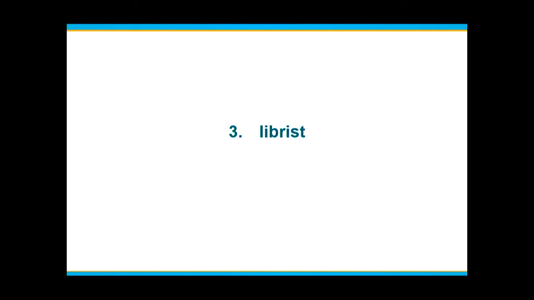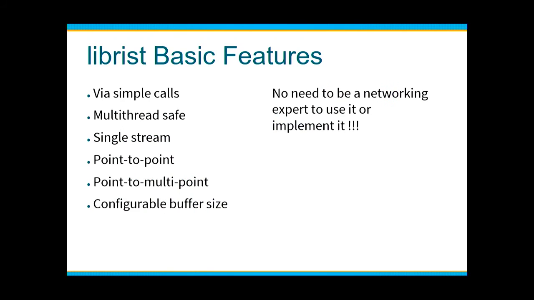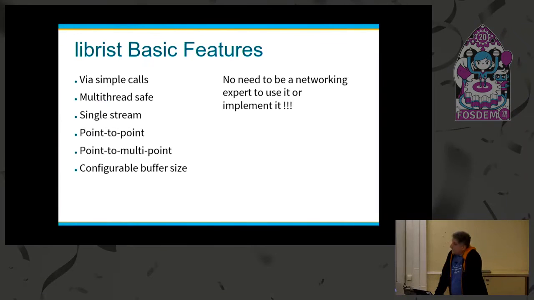All right, so let's talk about Librist now. Basic features. It's a library, simple APIs, multi-thread safe. It has sample applications with it. The sample applications are just for a single stream, but the library supports any number of them. The library supports point-to-point, point-to-multipoint.